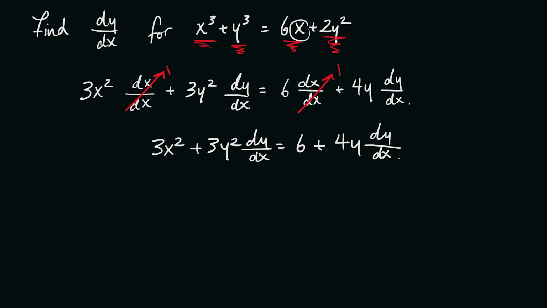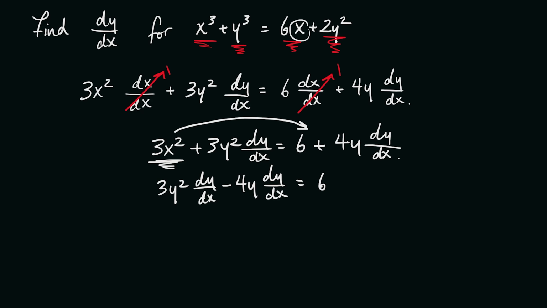Now, the way to do this is that we must move all the dy over dx terms to one side of the equation. In this case, I'm going to move them to the left side of the equation, right? So we're going to subtract the 4y dy over dx. And of course, we're going to subtract the 3x squared here, just so we can move it onto the right side of the equation.